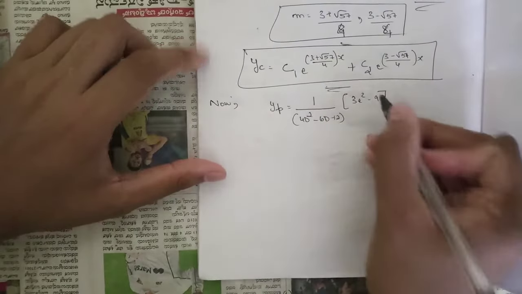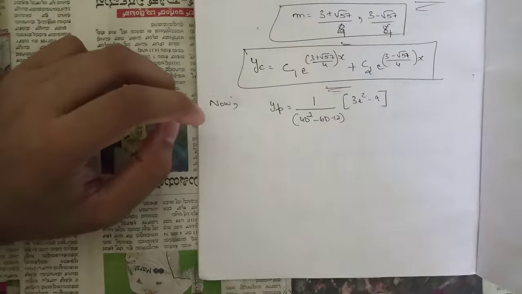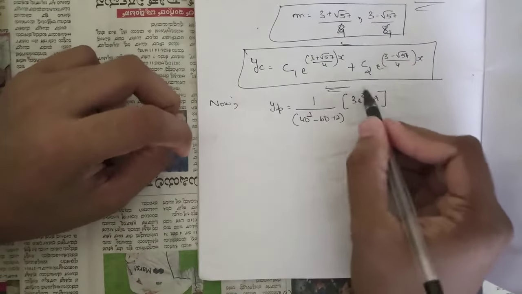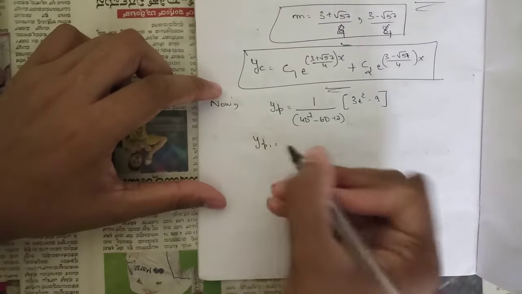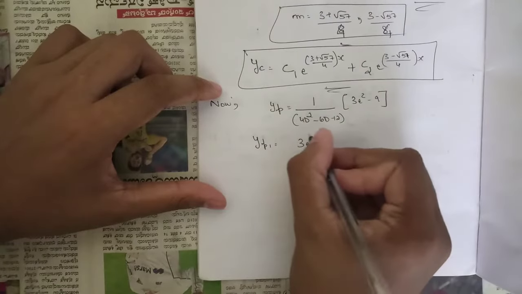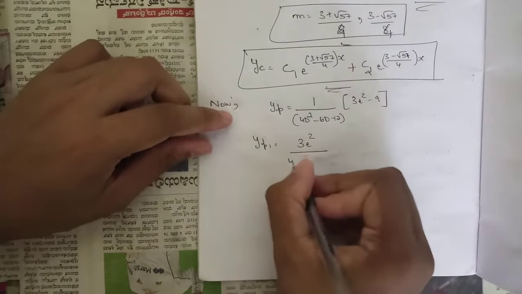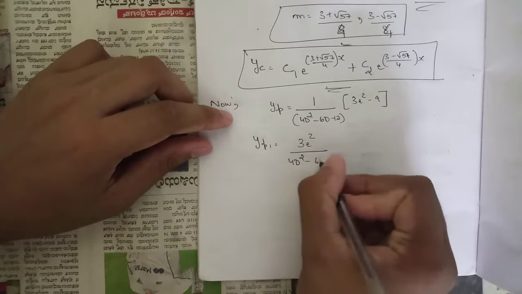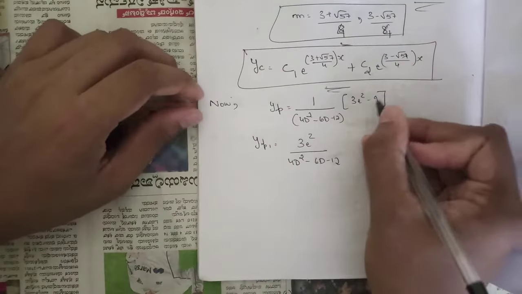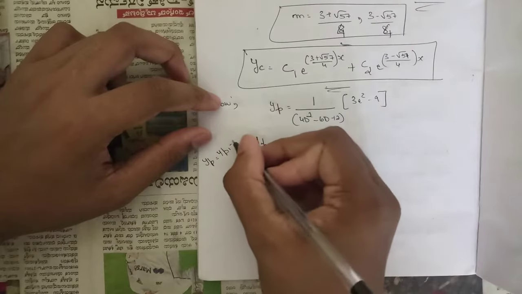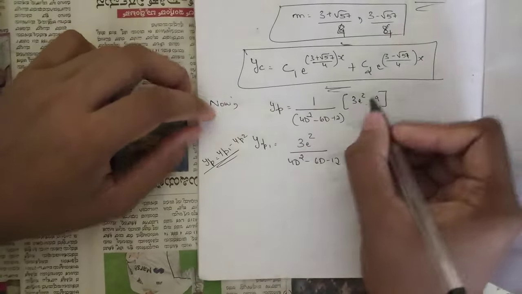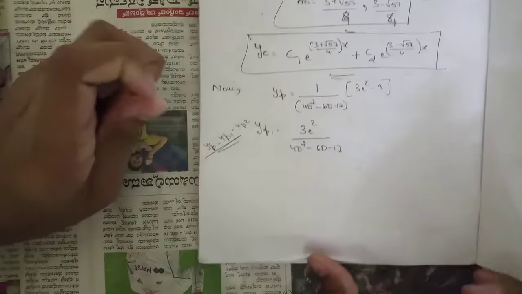So again we have two terms for R of x, so again we need to solve it, once for 3 e power x and once for 9. For that we need to solve for yp1 and yp2. So our yp1 could be given as 3 e power x over 4D square minus 6D minus 12. Since we have minus, our yp would look like yp1 minus yp2.